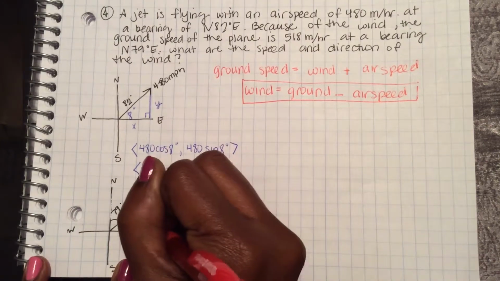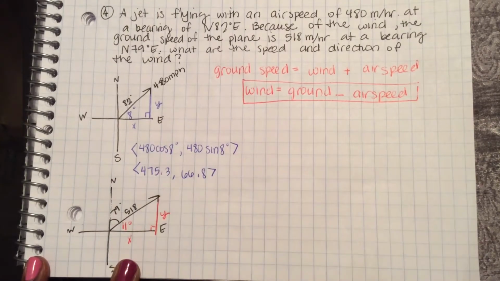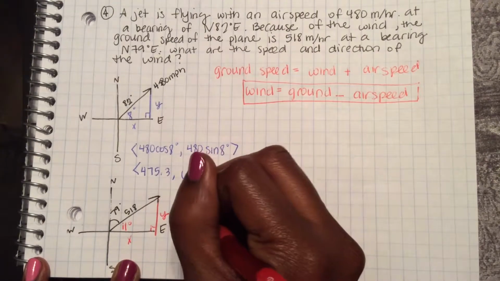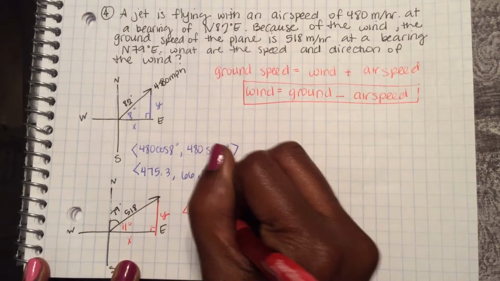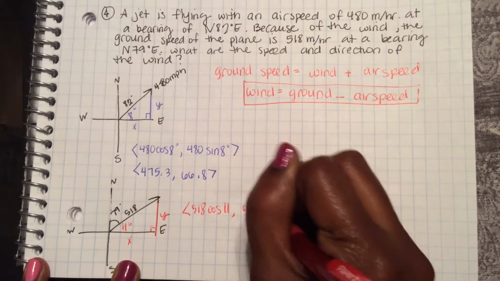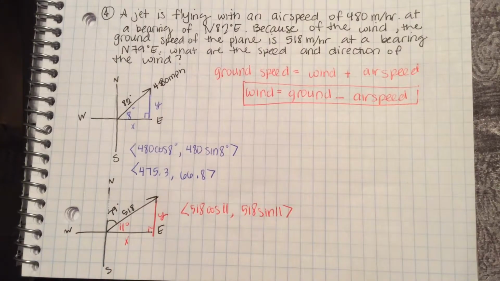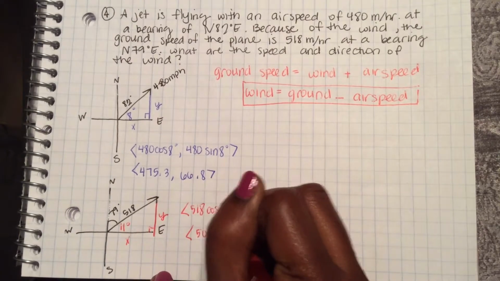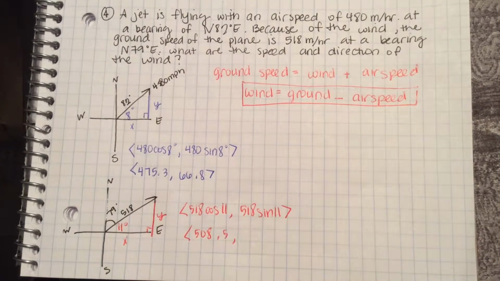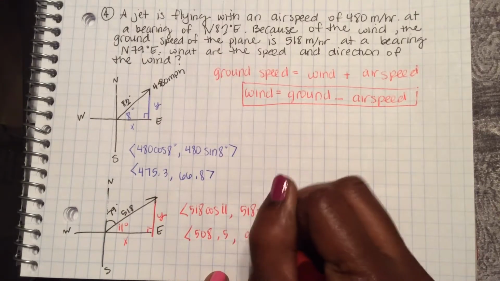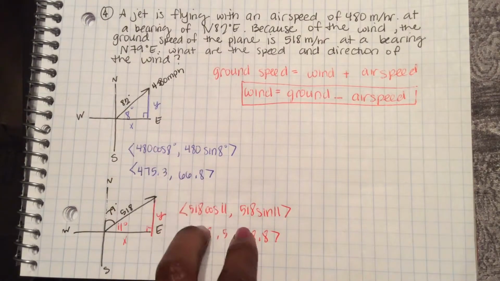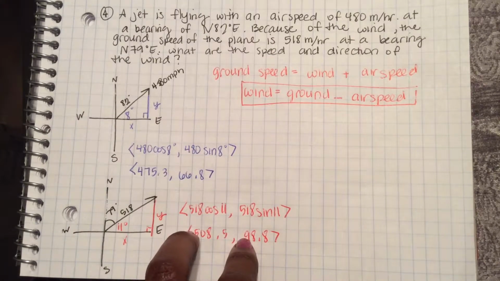I can create my right triangle, once again finding the components of my ground speed vector. It's going to be 518 cosine 11, 518 sine 11. So 518 cos 11 is approximately 508.5, and 518 sine 11 is approximately 98.8. So these are the component forms for my air speed and ground speed.